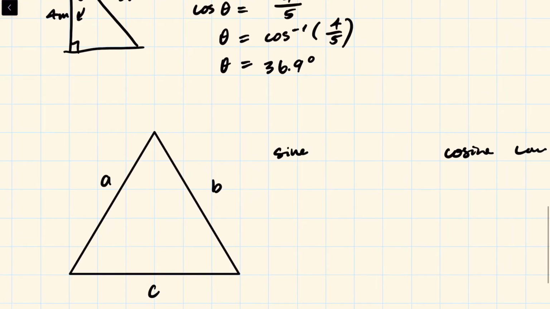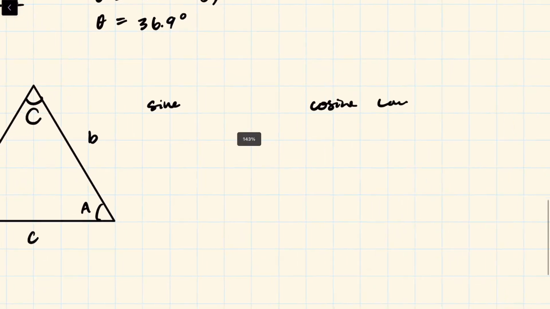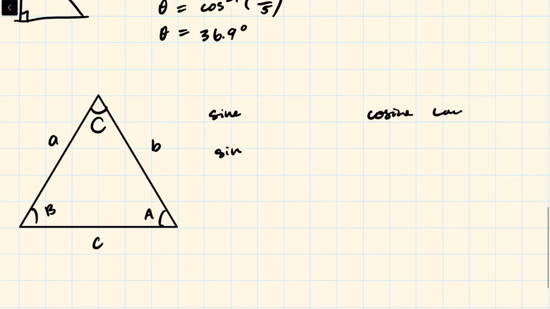This is angle A, angle B, angle C. It should be an uppercase C. So our sine law says that the sine of an angle, so let's say sine of angle A, over the side opposite to it is going to be equal to the same ratio, but for all the other angles and sides. So sine B over b equals sine C over c.